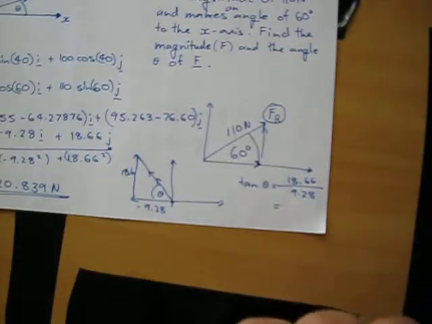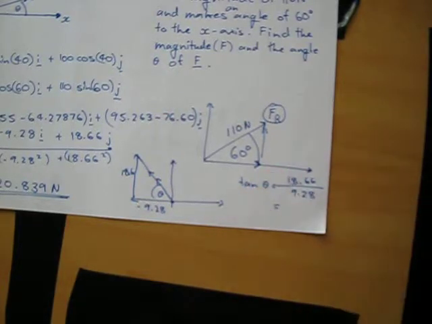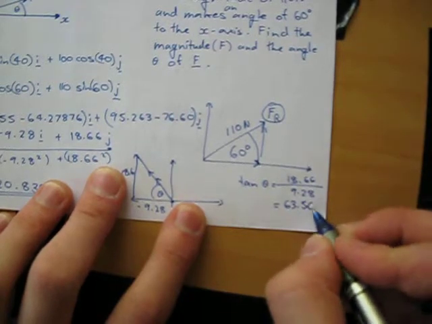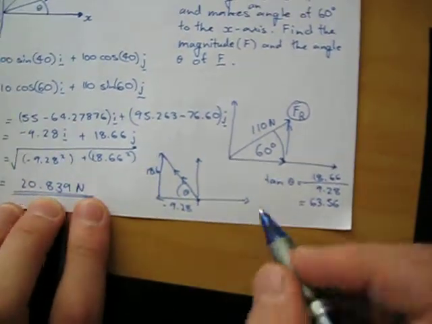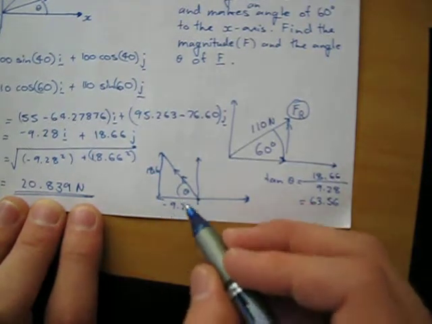No, hold on. Sorry about this. Shift tan, that. Okay, you should get a 63. Sorry, 63.56.